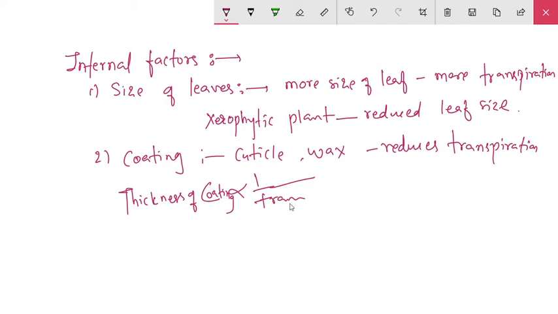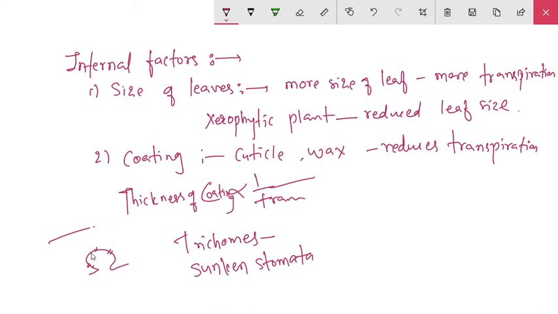Then the next factor is the trichomes. The trichomes are the hairs present on the leaves. There may be sunken stomata, as in nerium. That means there is a groove, and in this groove the stomata are present in the nerium plant, and the trichomes are present in these grooves.